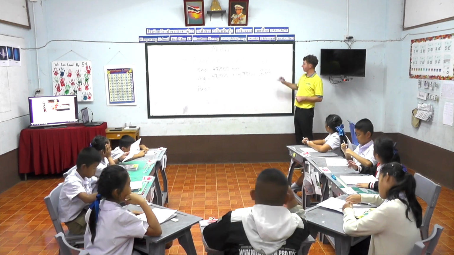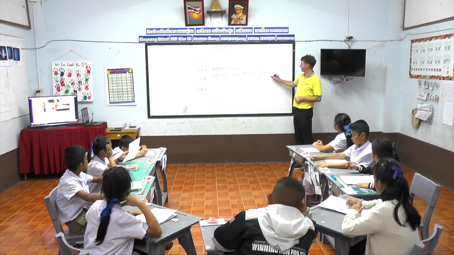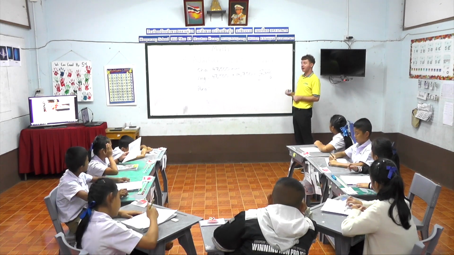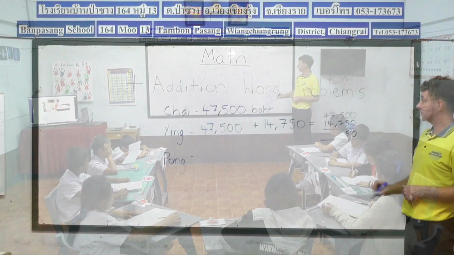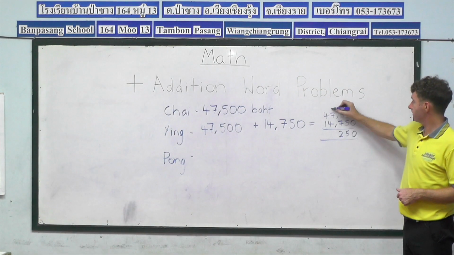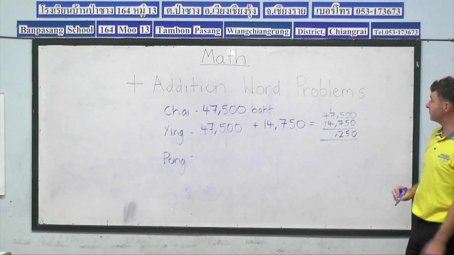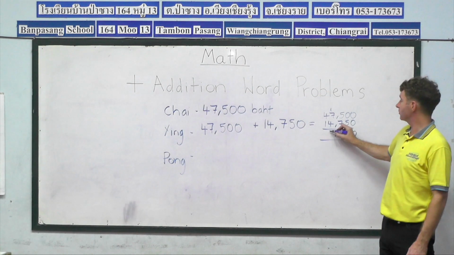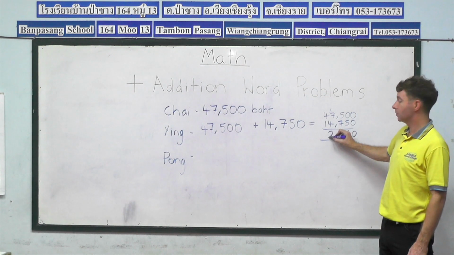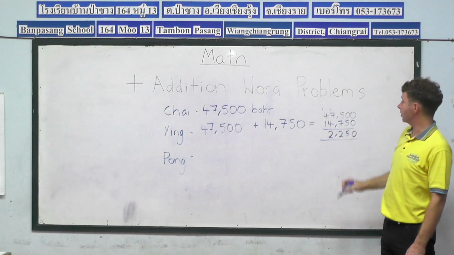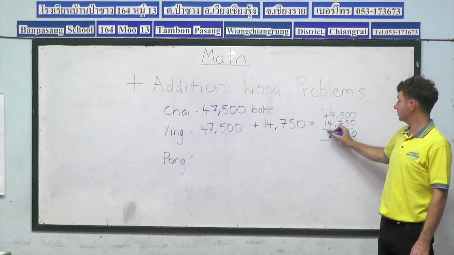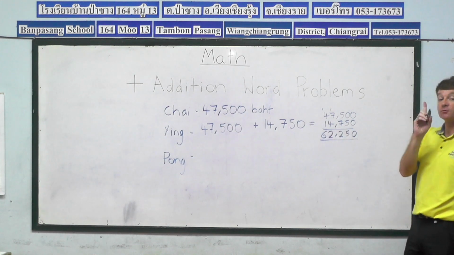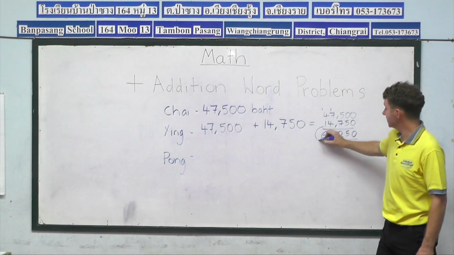So 0 plus 0. 0 plus 5. 5 plus 7. 1 plus 7. Plus 2. Carry the 1. 1 plus 4, 5 plus 1, 6. So Ying has this amount.